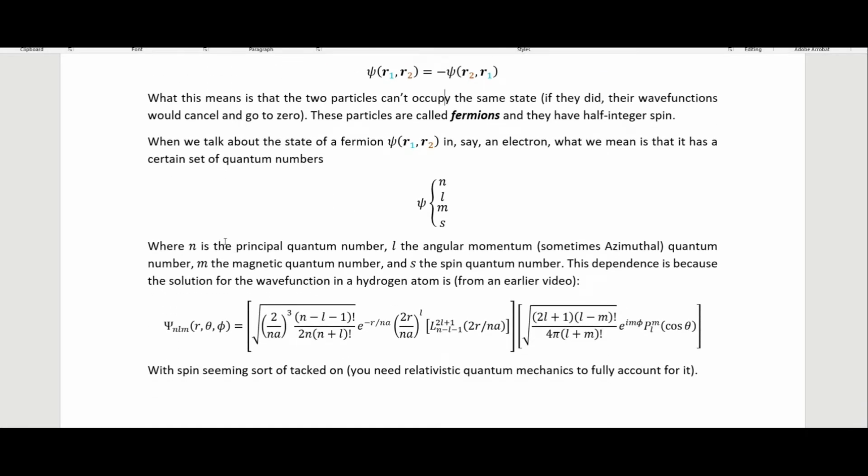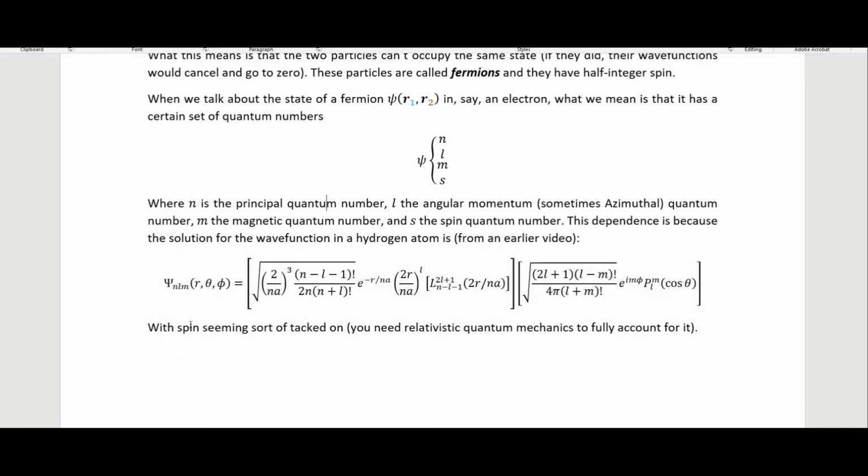And if you remember from an earlier video that I made, where I was looking at the solutions to the Schrodinger equation for the hydrogen atom, what we ended up getting was this big long thing here. And we see that this has the n, l, and m here, the first 3 quantum numbers in this solution to the Schrodinger equation for a hydrogen atom.